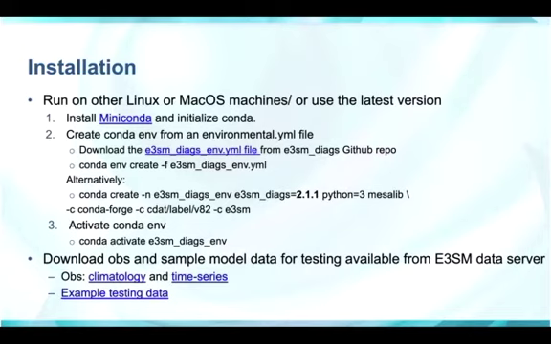The downside is that if any pinned down version of packages is broken on Conda channels, this installation method would fail. Alternatively, one can just create an environment from the E3SM Diags build released to E3SM's Anaconda channel.